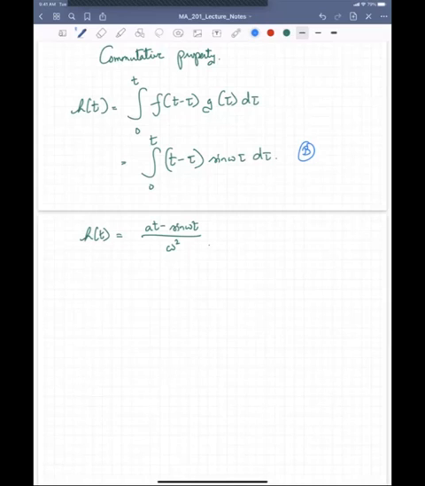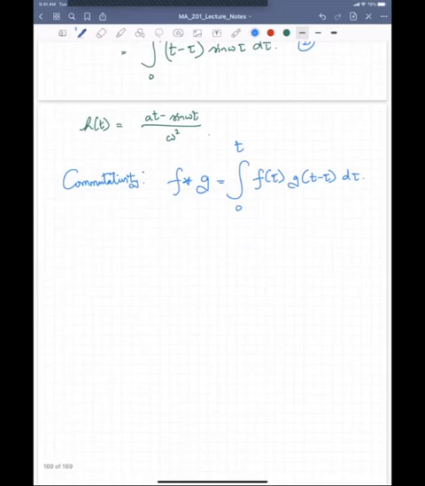So let me actually show that this makes sense. Suppose I take the convolution of f and g, I write this as the integral from 0 to t of f of tau g of t minus tau d tau. Here I don't have a choice. Once I choose f on the left hand side and g on the right hand side, this is how it is defined.